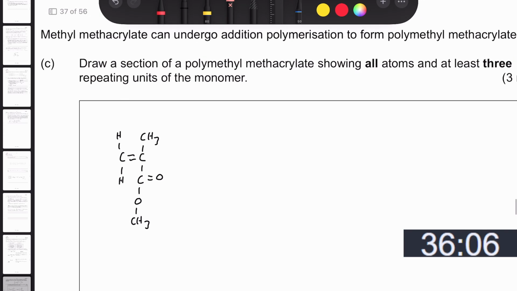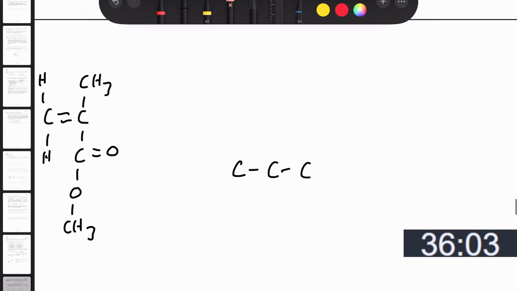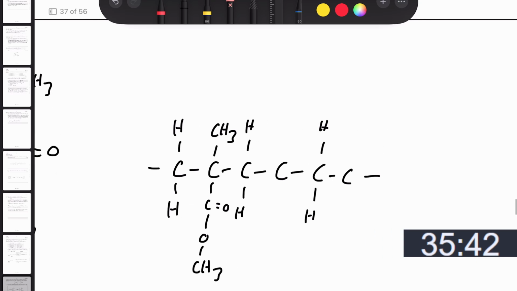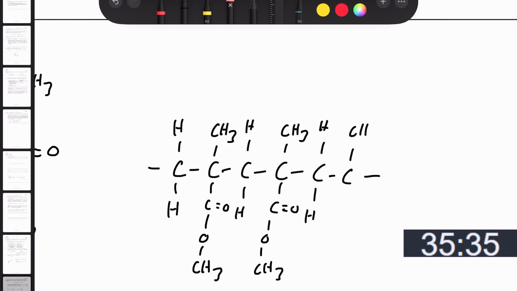I need to show at least 3 repeating units. So 1, 2, 3, 4, 5, 6. Like that. I can barely fit this.